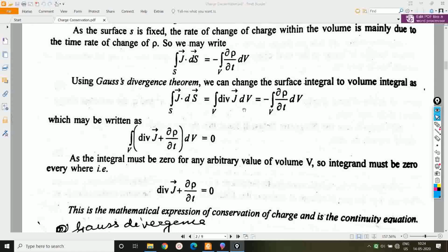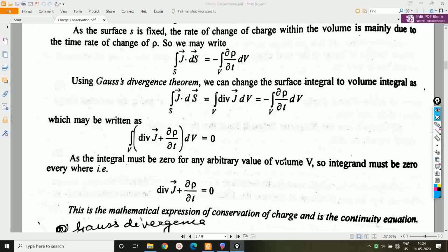Now you transpose this to the same side of the equation. You will get the volume integral of div J plus del rho del t over dV equals 0. Now the surface or the volume which you chose was any surface; we were not restricted to one particular kind of surface here.